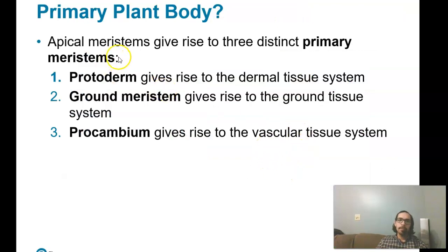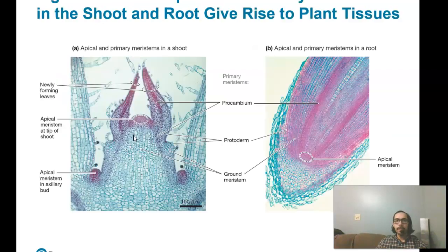So here are the things that the apical meristems give rise to. So there's the protoderm, ground meristem, and the procambium. Protoderm gives rise to the dermal tissue, ground meristem gives rise to ground tissue, procambium gives rise to vascular tissue.